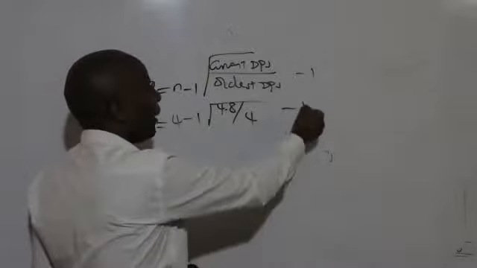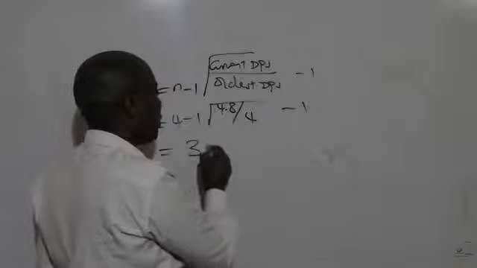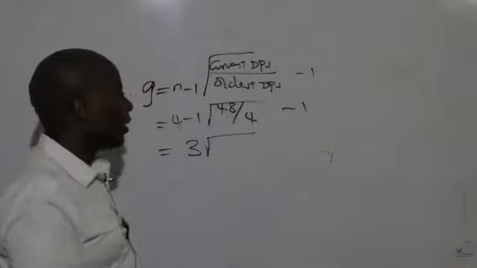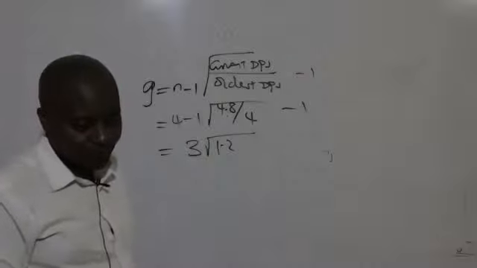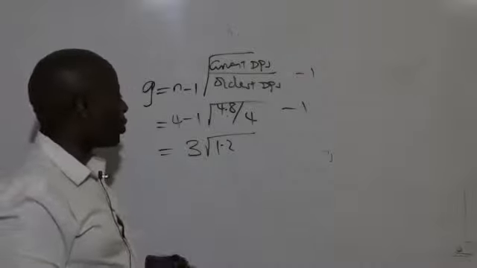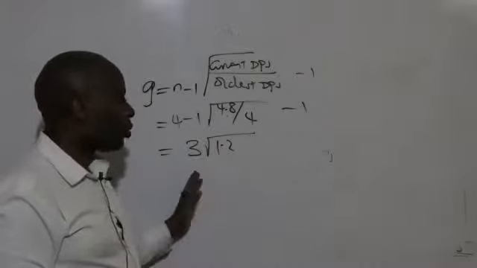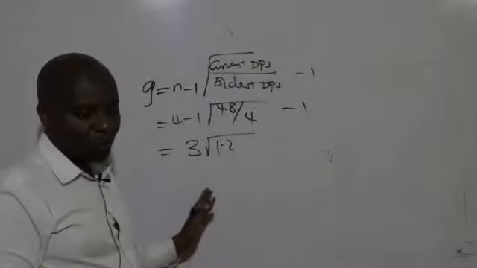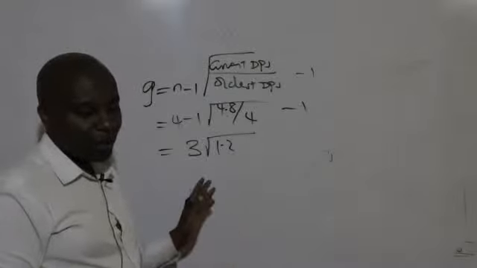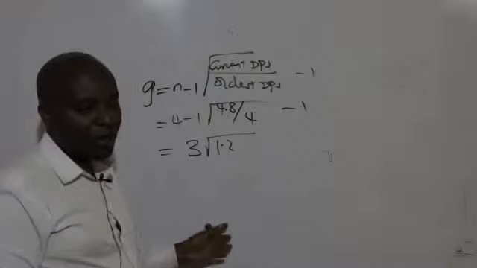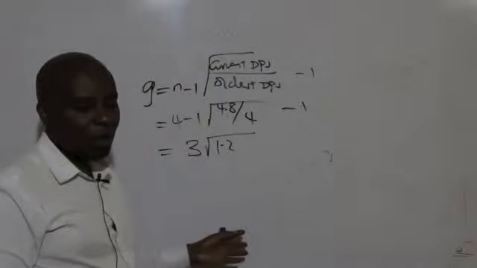4 minus 1. So then this will be cube root of what is 4.8 divided by 4? That must be 1.2. So cube root of 1.2. Whatever we get, we subtract 1.